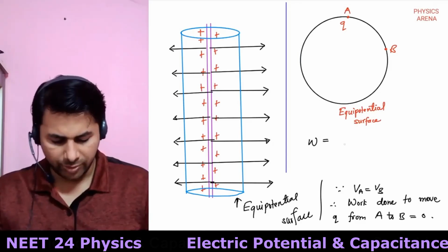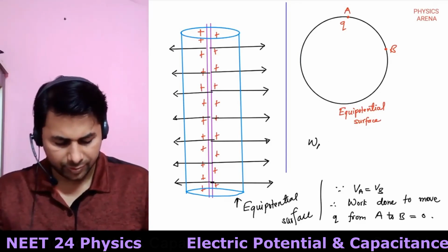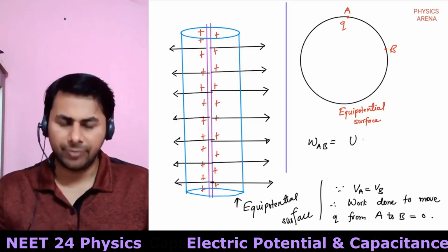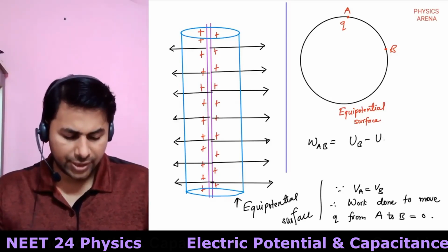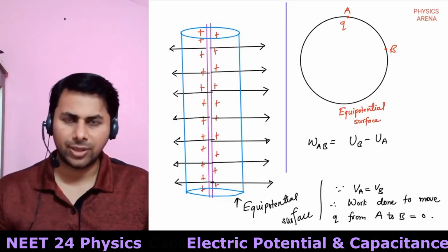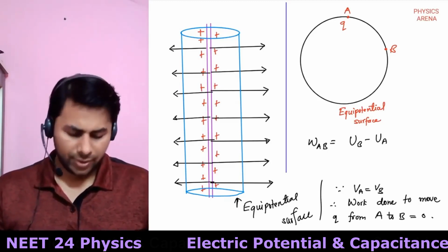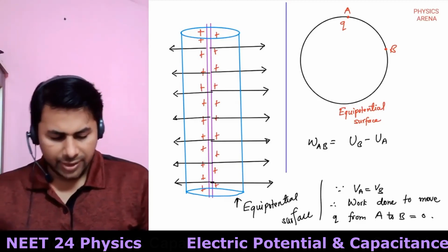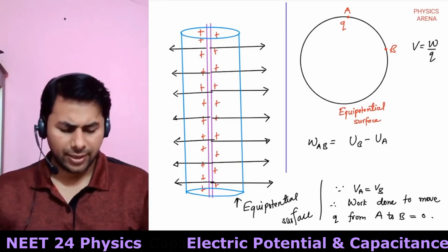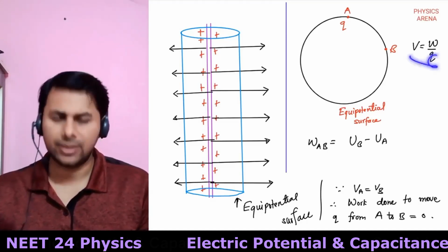The work done to move it from A to B is equal to the potential energy at B minus the potential energy at A. How can we define potential in terms of potential energy? We know that V is equal to work done per unit charge, so we can move that Q to the other side.